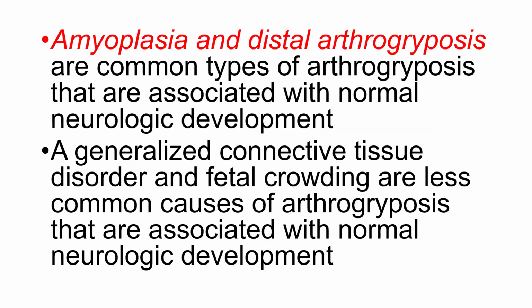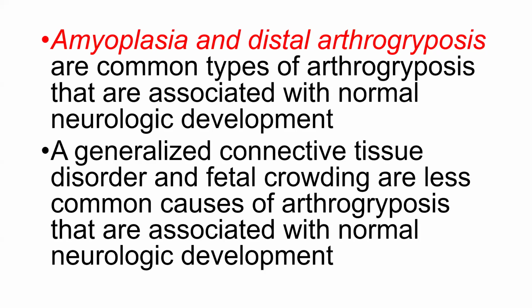Amyoplasia and distal arthrogryposis are common types of arthrogryposis that are associated with normal neurologic development. A generalized connective tissue disorder and fetal crowding are less common causes of arthrogryposis that are associated with normal neurologic development.